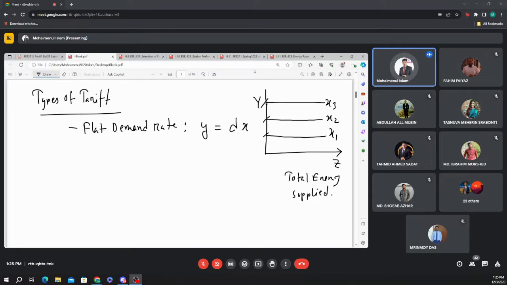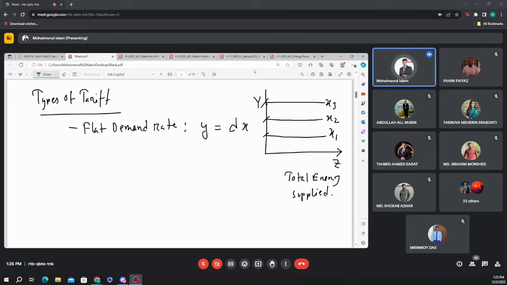Because if you have 5 kilowatt load, maybe your bill should be 15 taka per kilowatt hour energy. So each hour you are paying 15 taka without considering whether you are turning on the light or not. If you are using the load or not using the load, you need to pay that. So considering that, the demand rate is not justified.